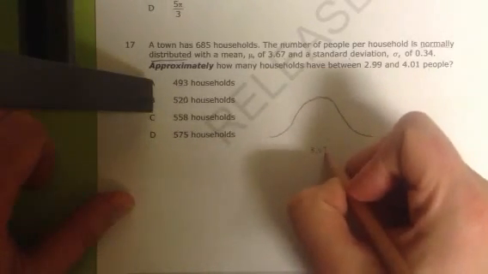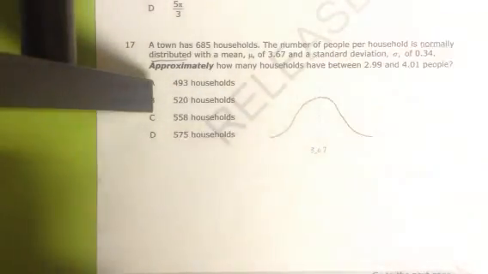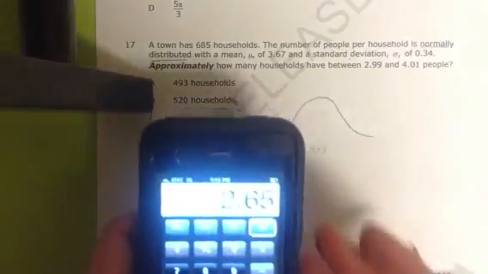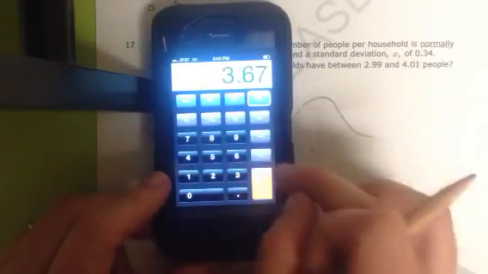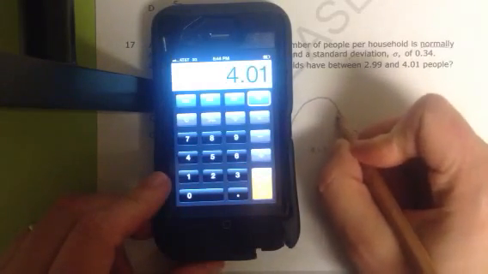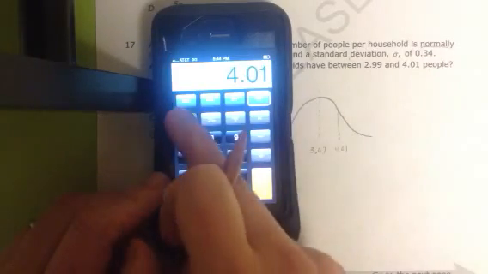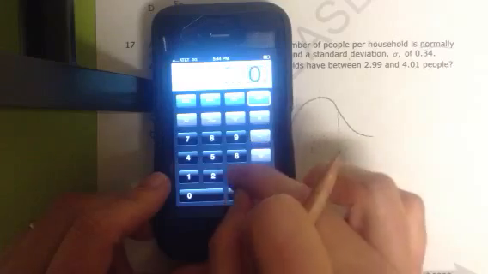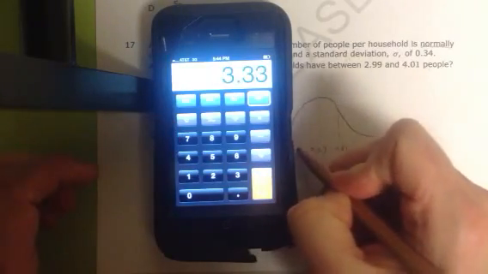We also know that if we go one standard deviation over, if we go up by 0.34 and go down by 0.34, we're going to encompass 68% of the data. So I'm just going to type in 3.67 plus 0.34, which is 4.01, and then 3.67 minus 0.34, which goes down to 3.33.